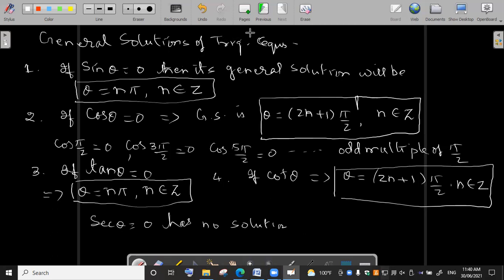So before going to the next part, we will take some extra questions on these formulas. Question number 1. Find the general solution of the following trigonometric equation.